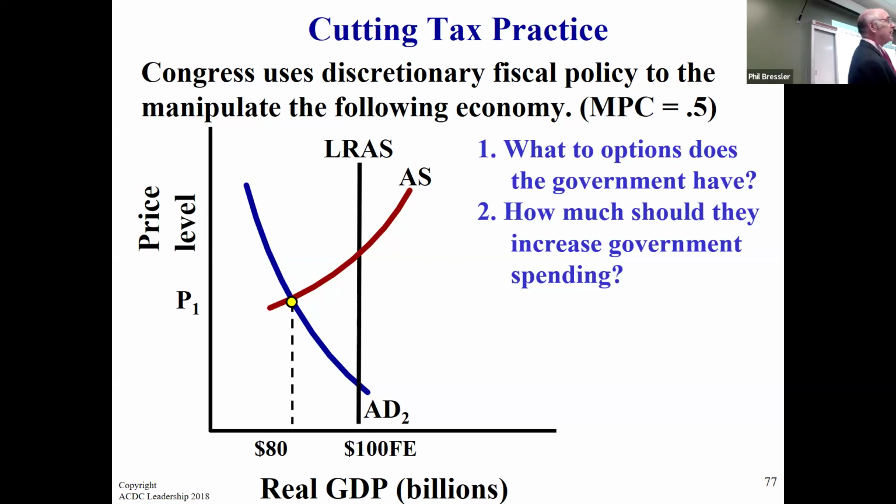Okay? All right. Now I'll give you a minute and I want you to figure out how much we have to increase or decrease taxes to fix that gap.